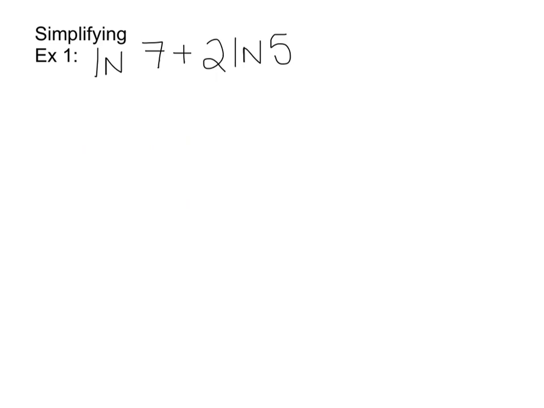First, we're going to look at how we simplify using our natural logarithm, and we're going to use the same properties that logs have, only when we go to change it to exponential form, we have e as our base, okay? So, first make the 2 the exponent, and then since it's a plus sign, we're going to rewrite it as multiplication.